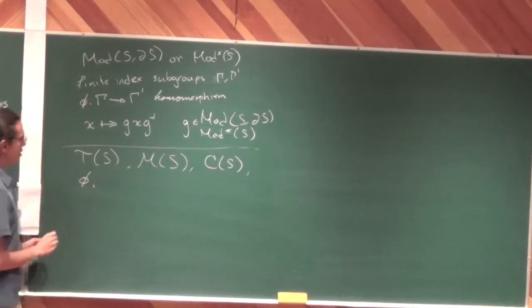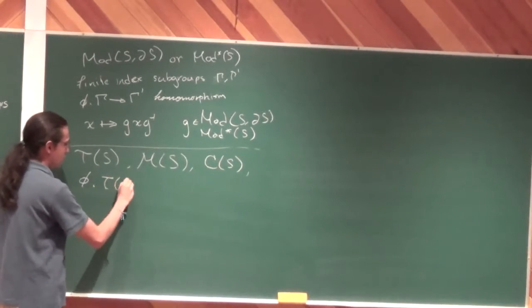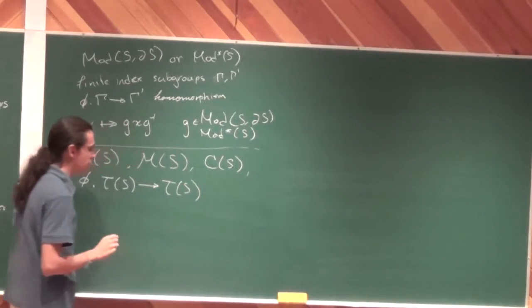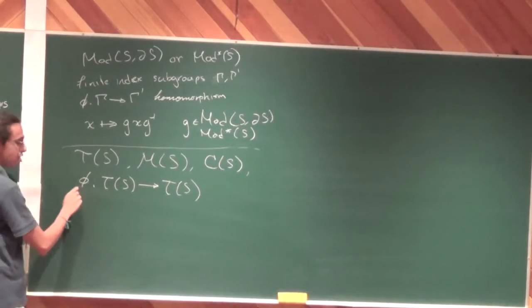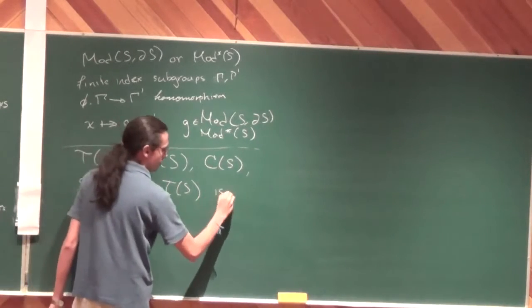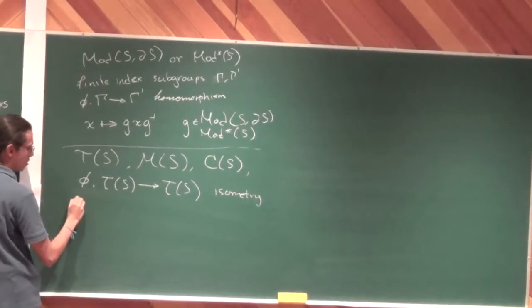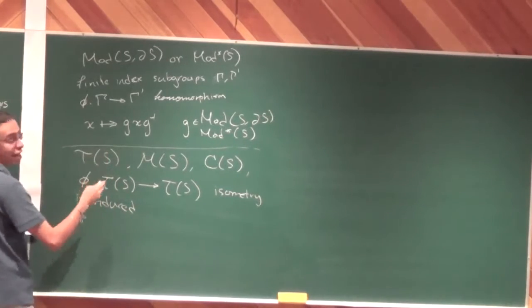So let's take a result by Royden. He took an isometry of the Teichmüller space using the Teichmüller metric, and he proved that that isometry was induced by an element, by a homeomorphism.